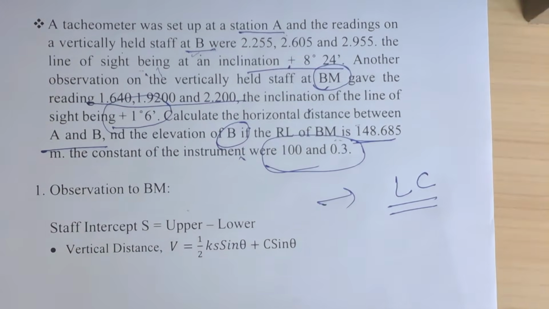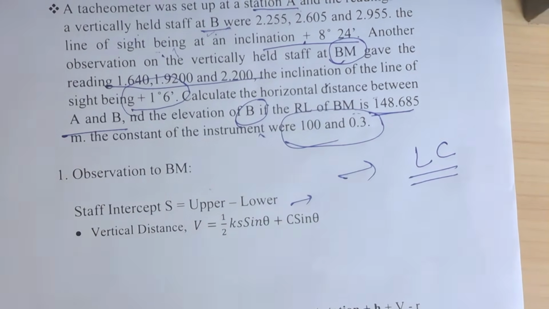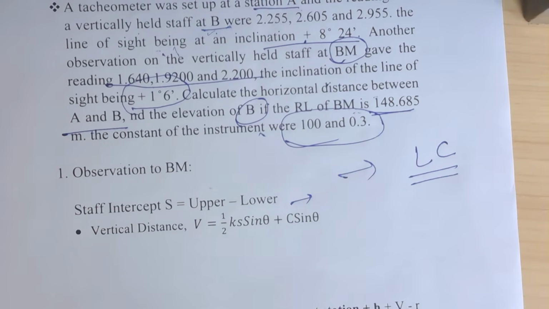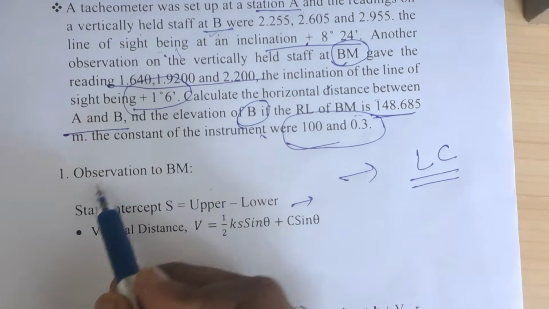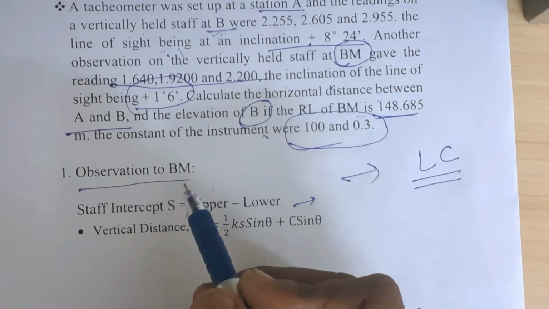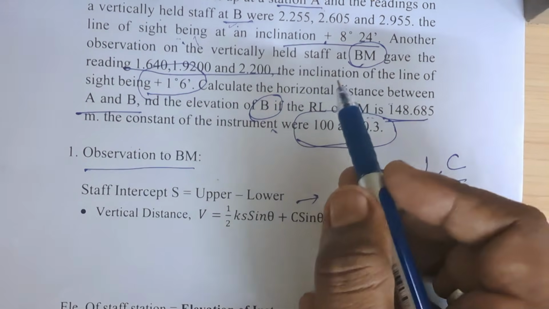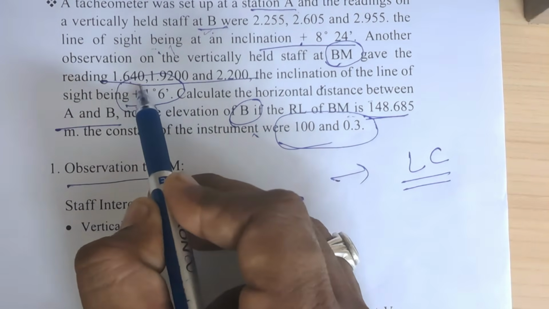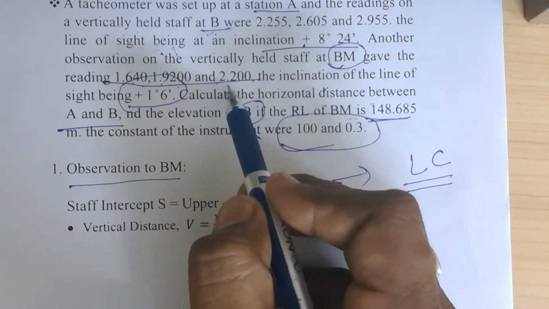To calculate the RL of any point, first we calculate the staff intercept, that is the upper minus lower. Remember, this is the observation that we observe from the benchmark, and these are the readings that we consider: 1.640, 1.920 and 2.200.